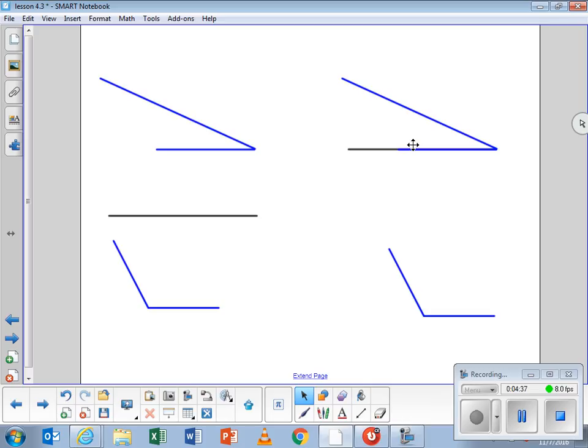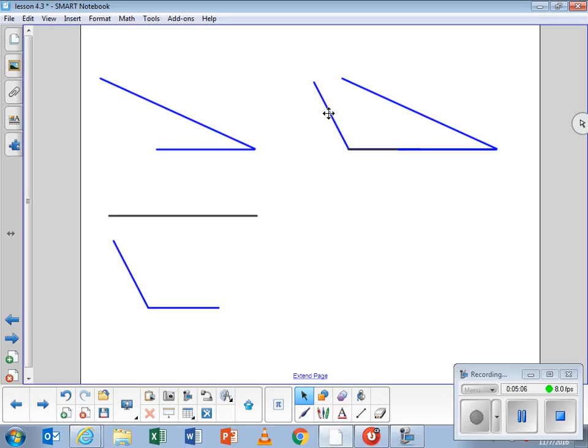I took this side and I put it right up to the vertex of that angle. Then I'm going to do the same thing with this, except I got my finger in the way and I can't see it, so I'll switch. Okay? So what we have there is that black side connected those two angles, didn't it?